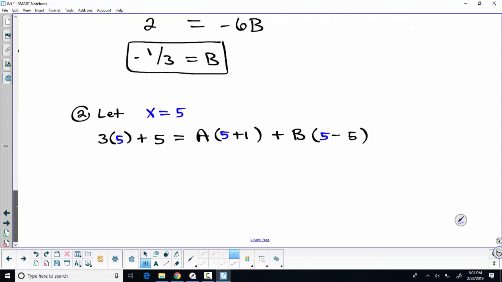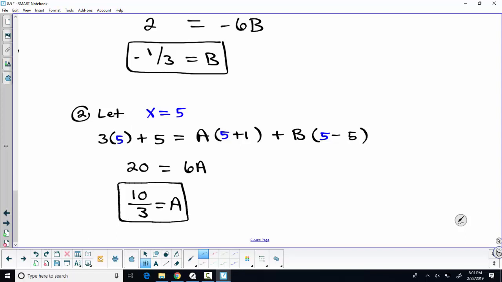Okay, yep. So we have 18 is equal to 6A plus 0. Well, is that right? No, 15 plus 5. Sorry, y'all. All over the place today. Okay, so then we get the result that we came up with earlier in a much easier way.